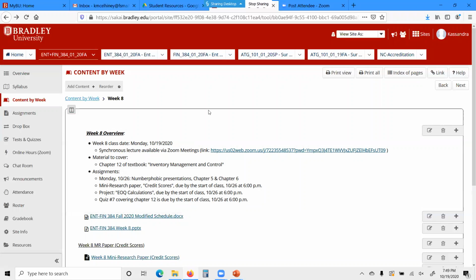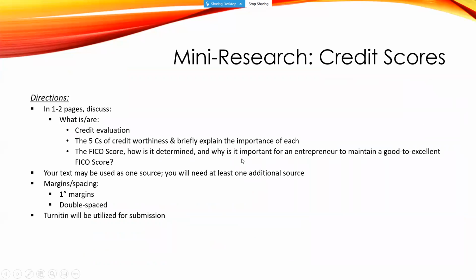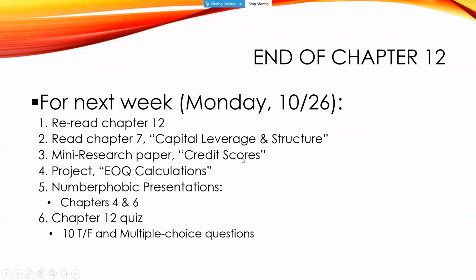So, any questions on chapter 12? Okay, so where we're going for next time is chapter 7, which is back on a little bit about capital leverage and structure. We talk a little bit about debt versus equity financing, optimum structure, earnings before interest and tax and earnings per share.